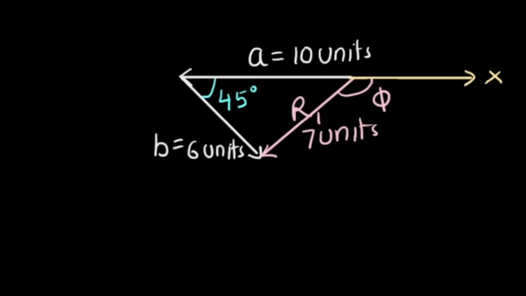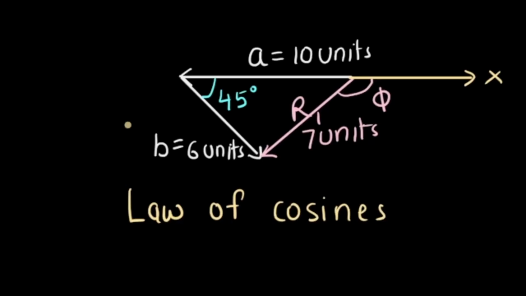Now there's definitely more than one way to solve for this angle phi. You can use whatever method you like. The method that I like to use is the law of cosines. What is law of cosines? Hopefully you already know that. If not, then I encourage you to look it up. So using law of cosines, I'm going to determine the value of this angle over here.